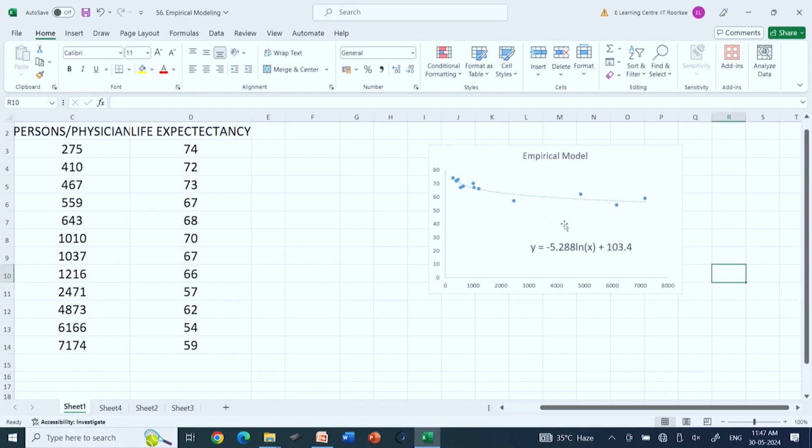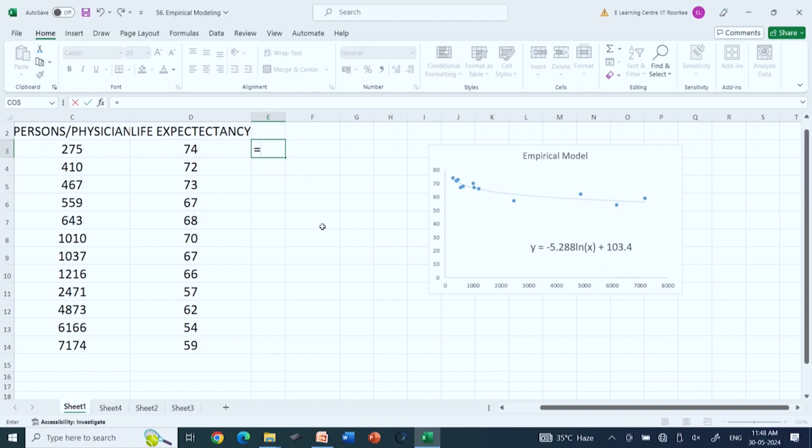So, I have this data, I am trying to fit a logarithmic model, and I got the equation to be like this. So, let me first calculate these values. This is the data which is given, and this value I will get from here.